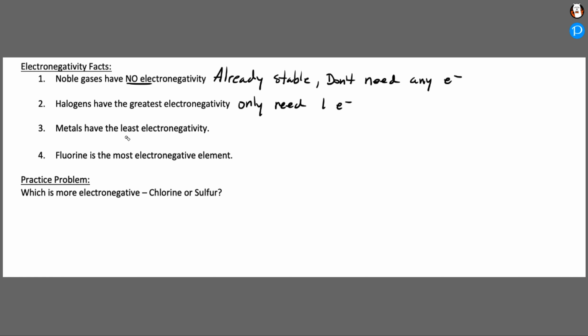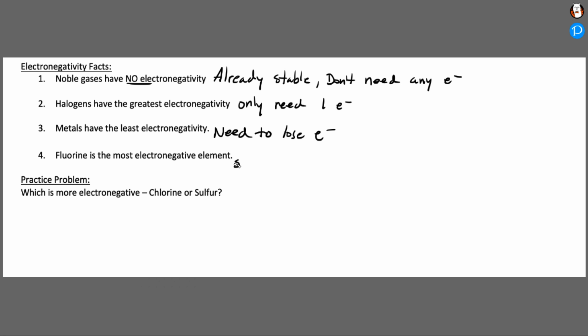Metals have the least electronegativity, the lowest, because they don't want to gain electrons. They need to lose electrons. So that's why their electronegativity values are so low. They don't need to gain electrons. They need to lose electrons instead. And fluorine is the most electronegative element. We kind of already talked about that.